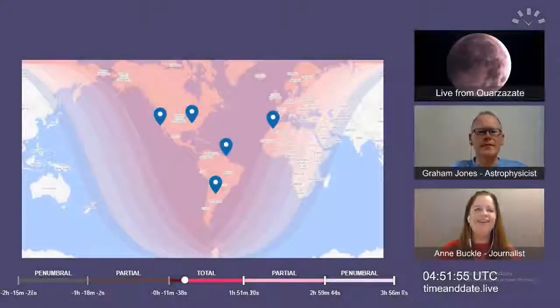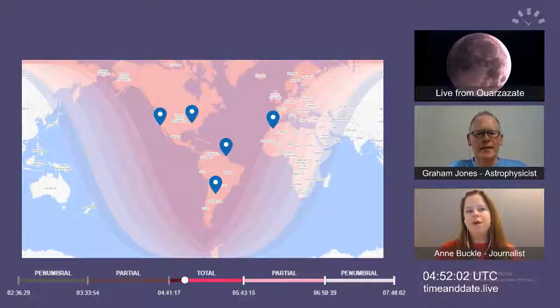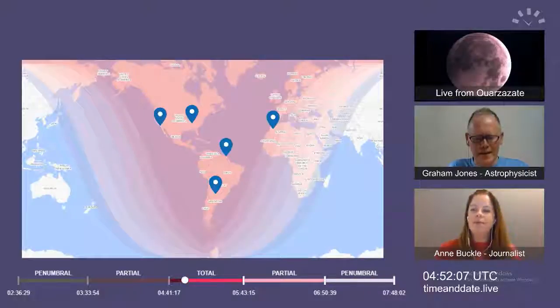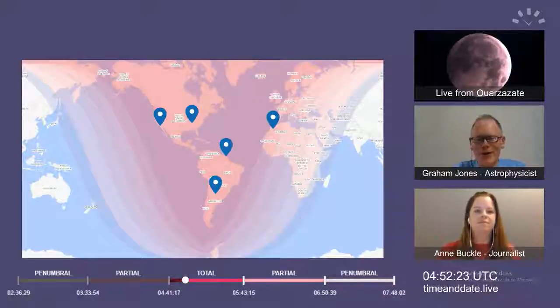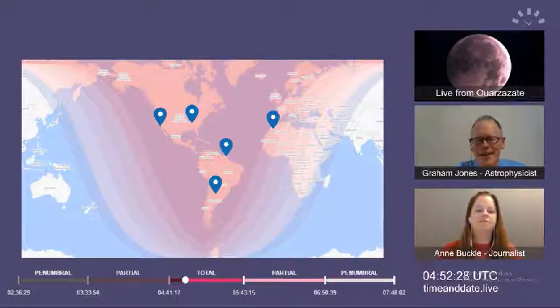Hello again. So at the moment, we have a map showing all our locations, some of which we're streaming from, and some of which you're not really seeing images from at the moment, because that's how eclipses go, right, Graham? Right, absolutely. We have been looking at some beautiful pictures from Ouarzazate, from our team in Morocco. We've been looking at some beautiful pictures from the Griffith Observatory in Los Angeles.